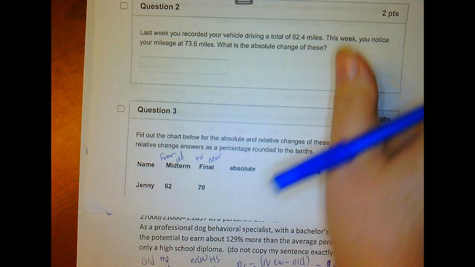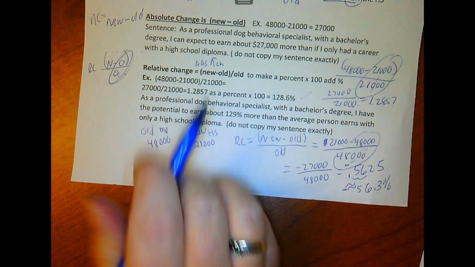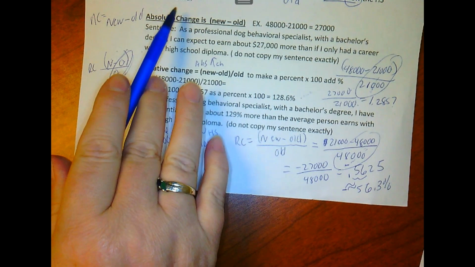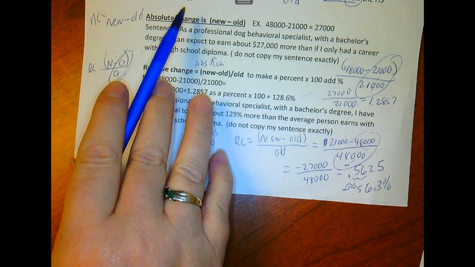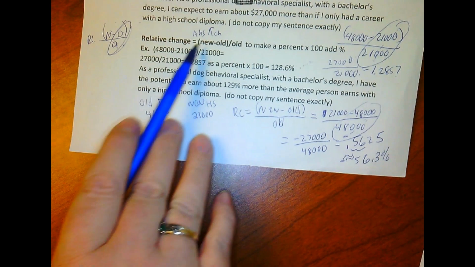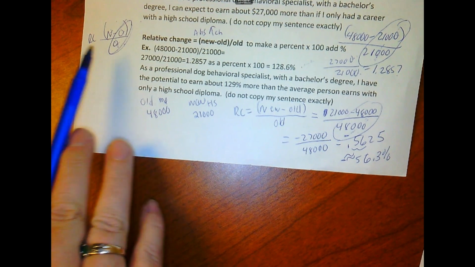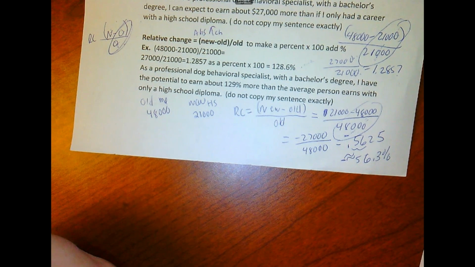And that is why on your project, you can do it either way. And I said you need to identify who is the old and who is the new and write the sentence accordingly. You could do it either way, but you have to identify it, do your calculations accordingly, and then write the sentence accordingly, because the sentence changes depending on who the reference value is.